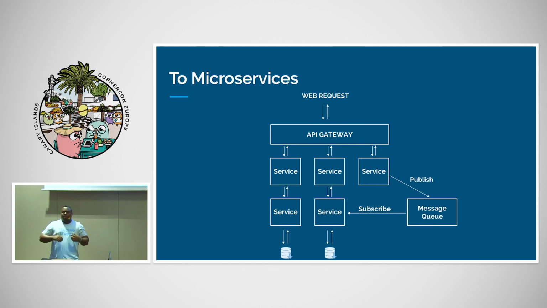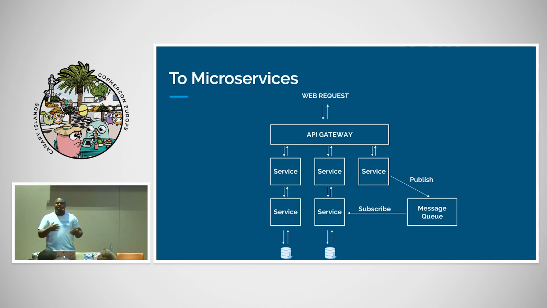So moving from a monolithic application to a microservice architecture, we now see that there are a lot of services involved in serving just one request. And when one service fails, we have to know where to look, right? We have to know where to begin.